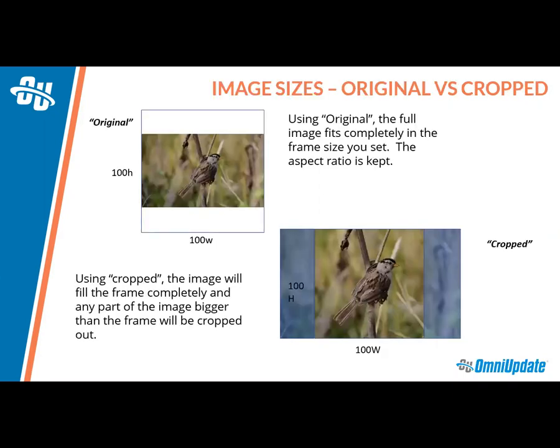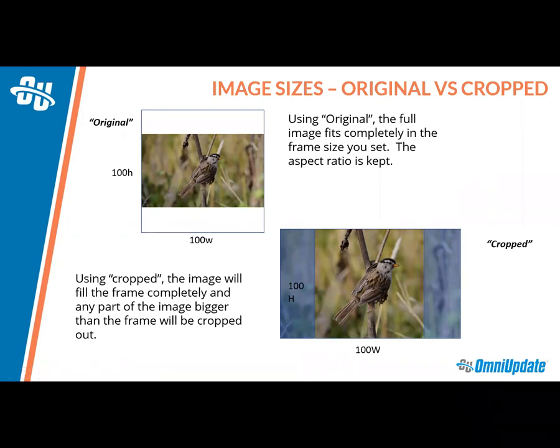The other thing we'll talk about today is image sizes, original versus crop. Sometimes this gets a little confusing on which one do I want to use. When we're talking original, it's going to keep the same layout that we have of our image. So in this case, where we would have a square of 100 by 100, if I have this bird image and I want to keep it as a landscape image, I would go ahead and use original with it.